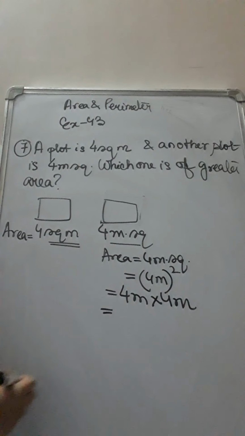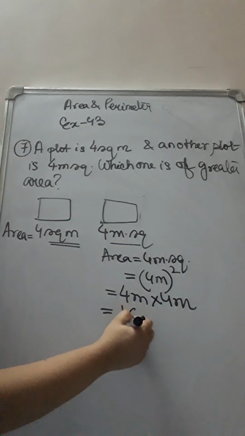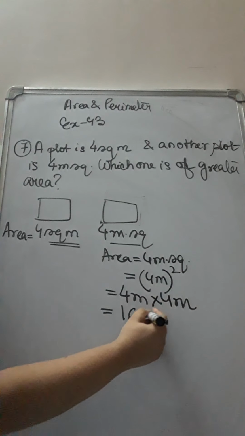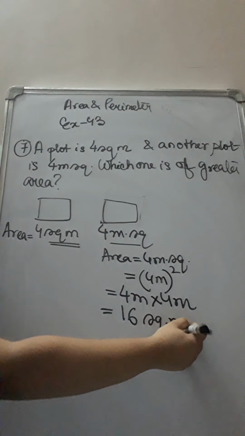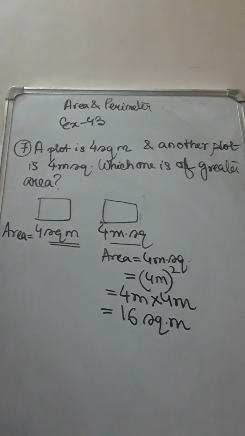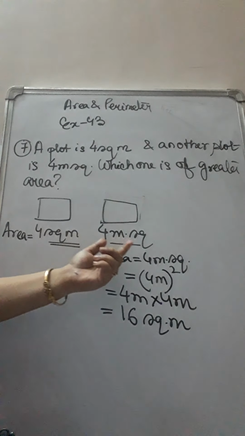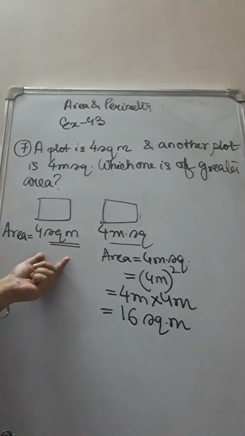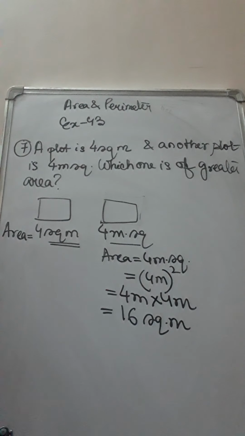And then 4 fours gives you 16, meter into meter gives you square meters. So you have changed the unit. I am repeating once more, until and unless we convert this unit into similar units, we cannot do the sum, we cannot compare between both the lands whose space is more.